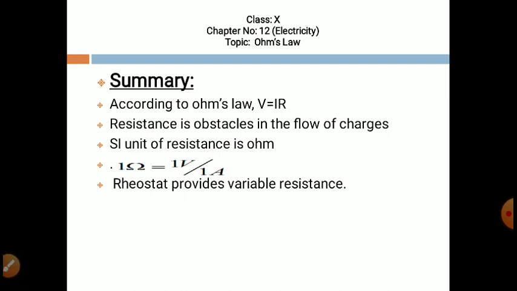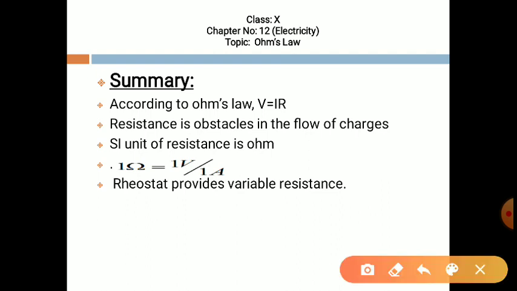Now according to Ohm's law, the voltage across two terminals of a current carrying conductor is directly proportional to the current flowing through that conductor. V is equal to IR, or you may say I is equal to V by R, or you may say R is equal to V by I, where R is the obstacle to the flow of charge through this current carrying conductor, and the SI unit of resistance is ohm. 1 ohm is equal to 1 volt divided by 1 ampere, and the variable resistance is known as rheostat.